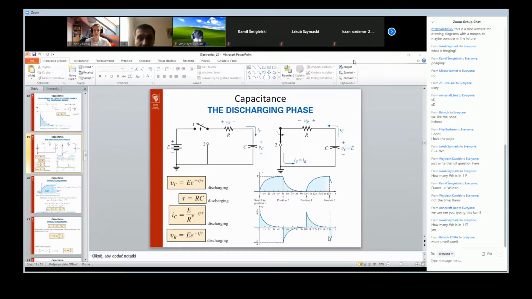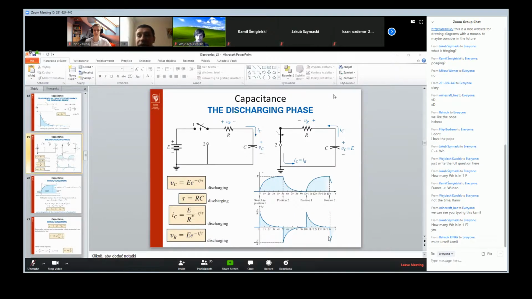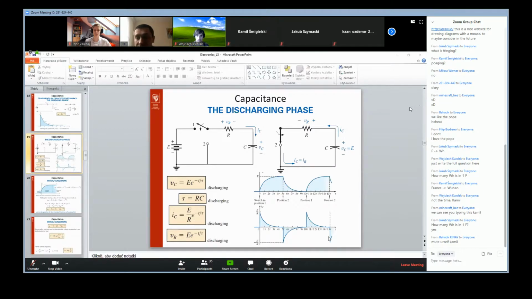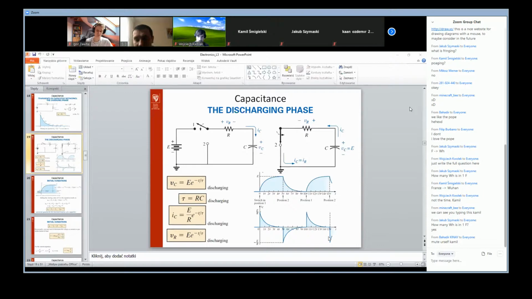So we have to use some filters in those circuits to reduce these peaks. This is very important.